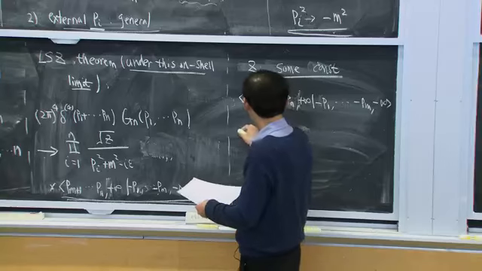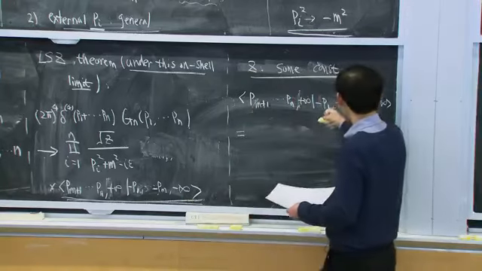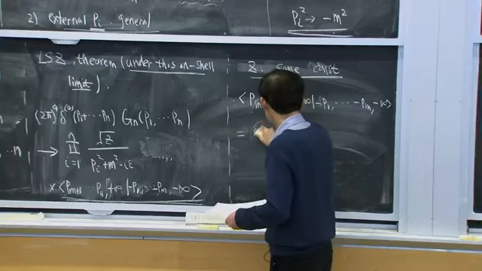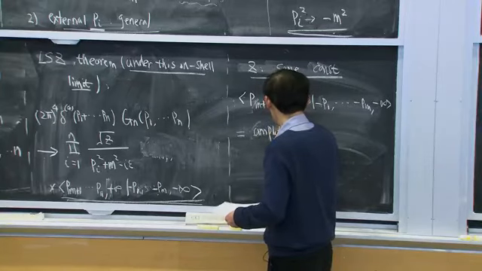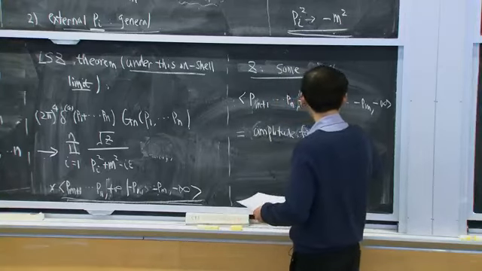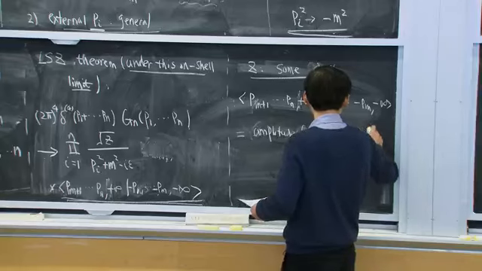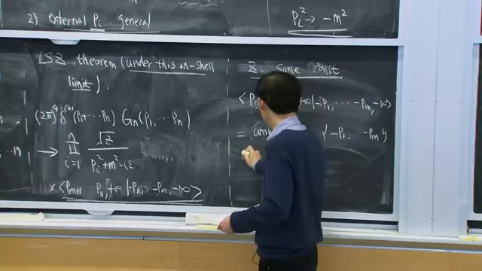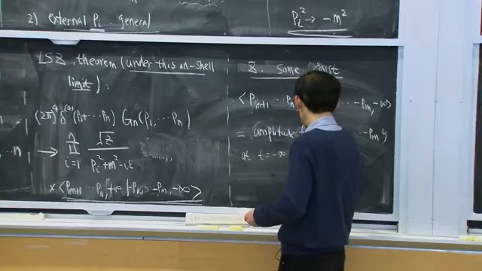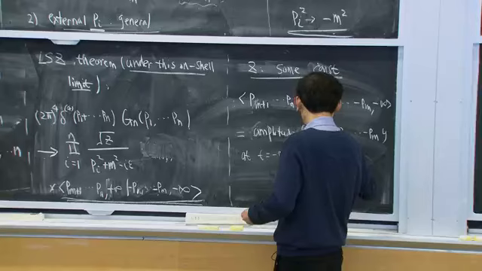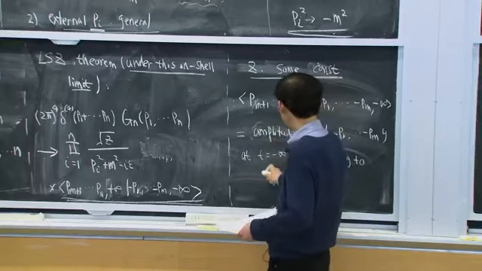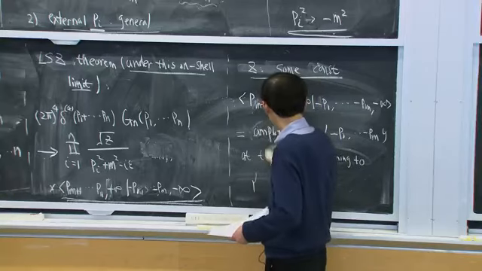So this is the amplitude for the particles with momentum p1 to pm at t equal to minus infinity transitioning to the rest of the particles with those momenta at t equal to plus infinity.